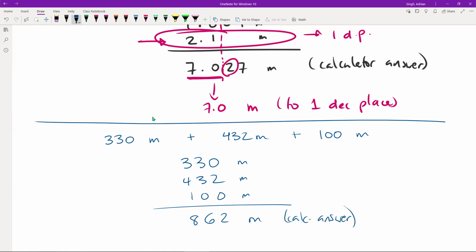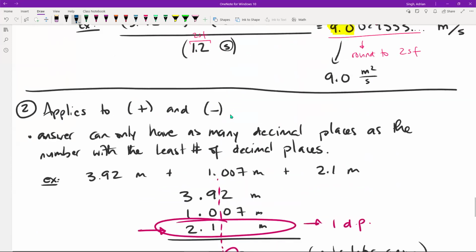But according to the rule above, the answer can only have as many decimal places as the least number of decimal places. Another way of stating this is that the answer can only be as precise as the least precise measurement.